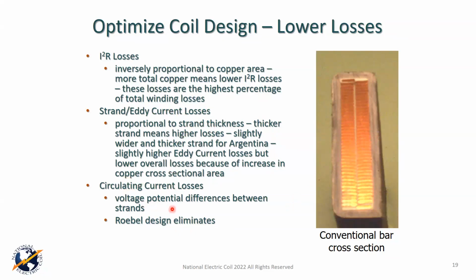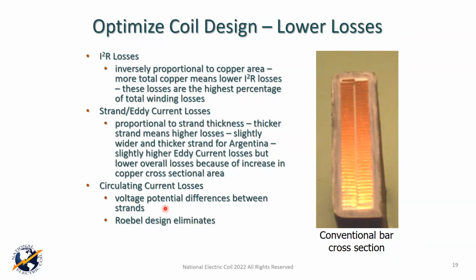Circulating current losses have to do with that transposition we talked about, whether it's the twist or whether it's the Roebel. You do reach a point of practicality where you say, well, I can add another Roebel, or I can try to add a twist, but it's going to cost me this amount of money, and I only reduce the losses by this much.